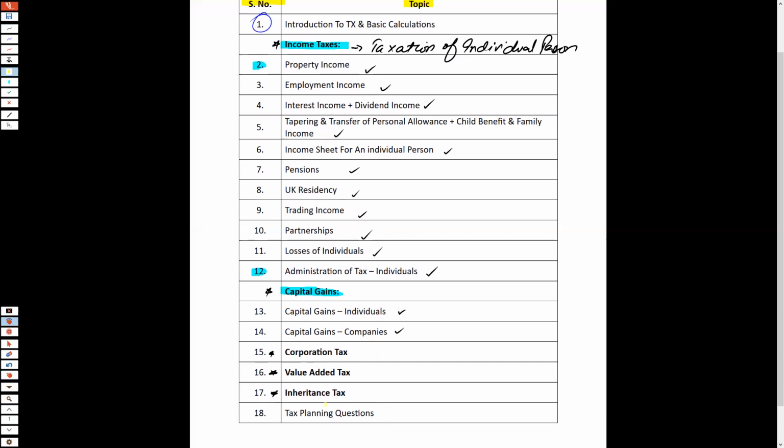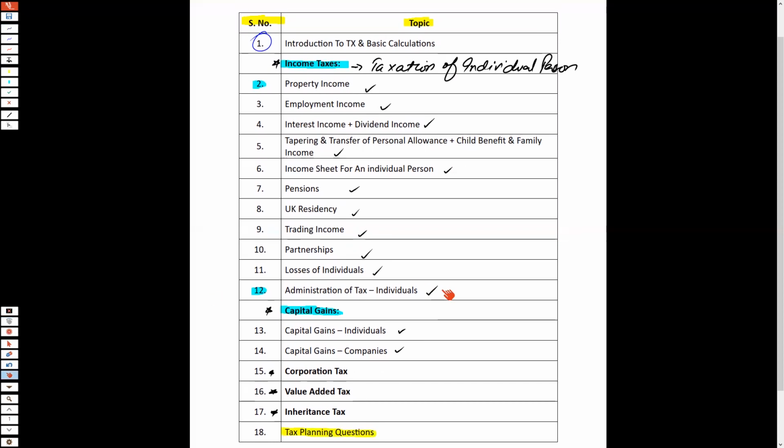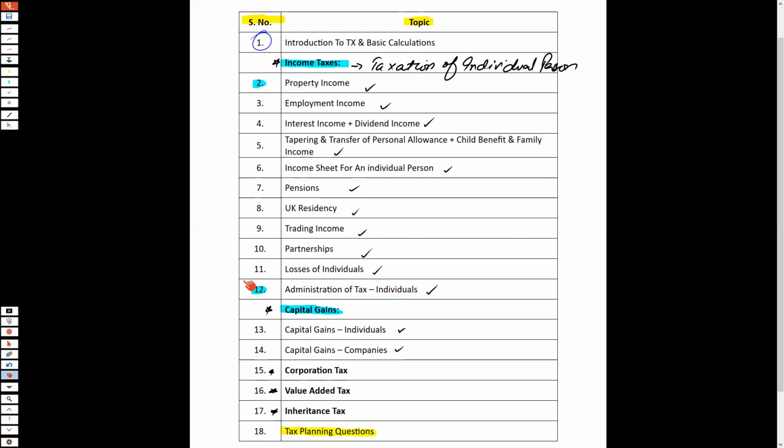Tax planning questions are based on the entire knowledge which we have gained in all of the previous chapters. Based on the knowledge gained in the above 17 chapters, we will be able to attempt these tax planning questions, and this question is asked in section C for 10 marks.